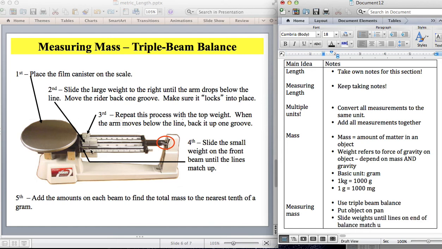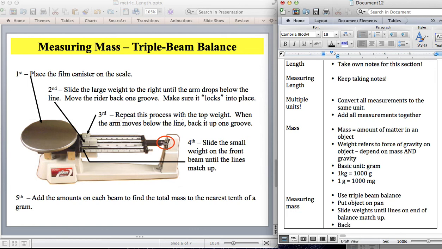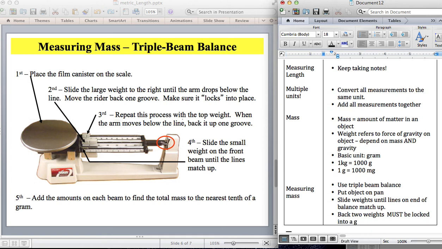So we have 3 separate things that we can move. We'll start with the biggest one, move it until we are far enough, then we'll start with the next one, and then the last one. Now, the back 2 sliders, back 2 weights, must be locked into a groove.